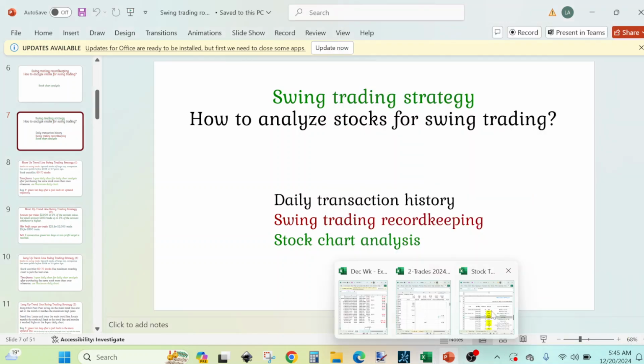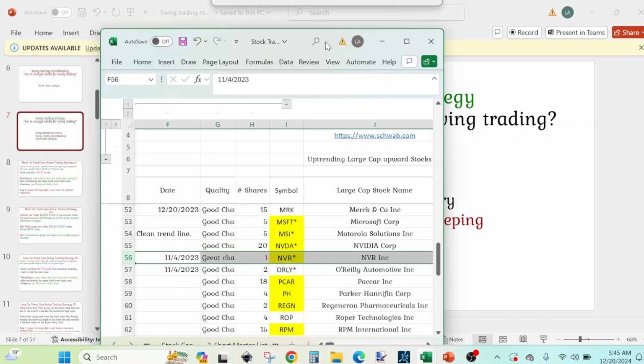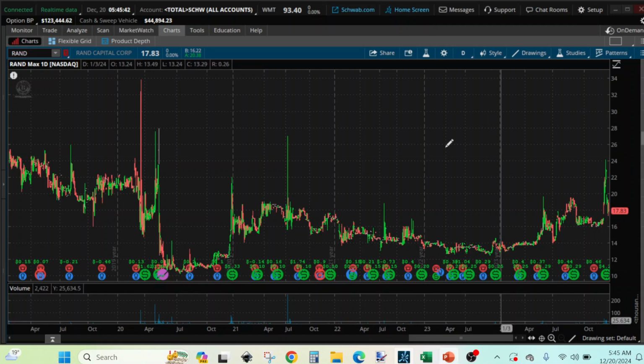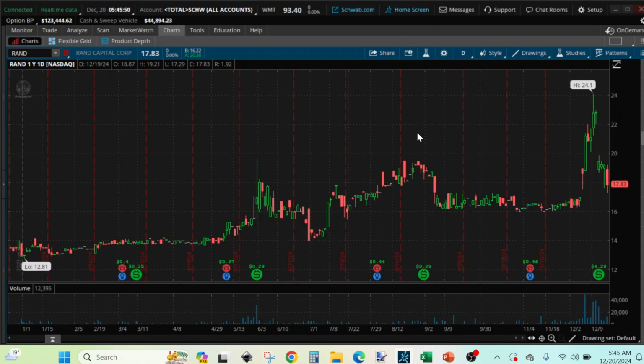So now we are going to bring our watch list and open our swing trading document and make sure we are on 1 year daily chart or maximum daily chart. Right now we have maximum daily chart. Let's try 1 year daily chart.